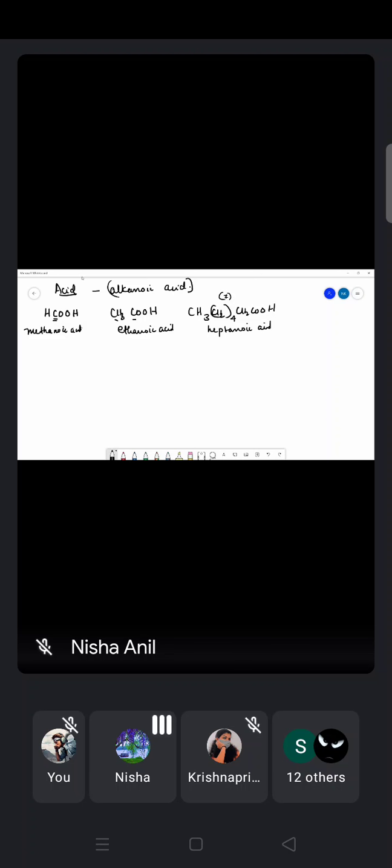In case of unsaturated acid, if there is a double bond, we can name it as alkenoic acid. And if there is a triple bond, alkynoic acid.